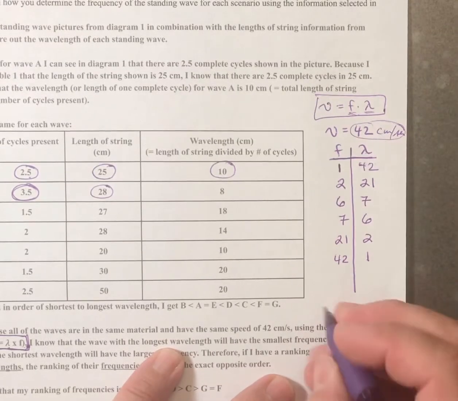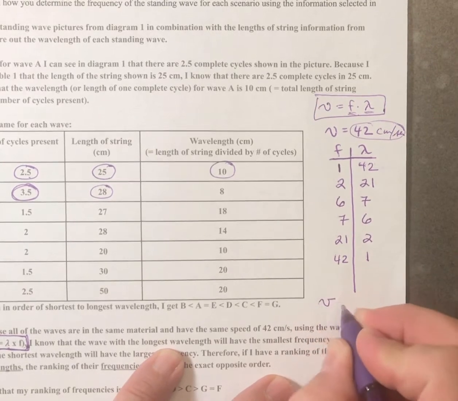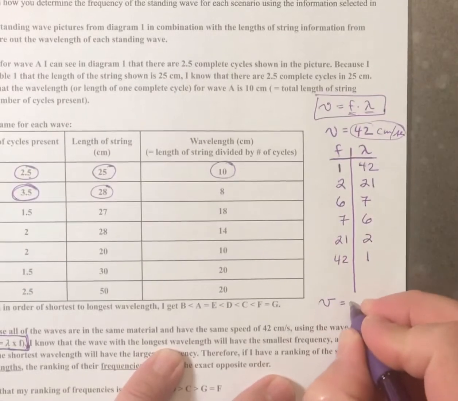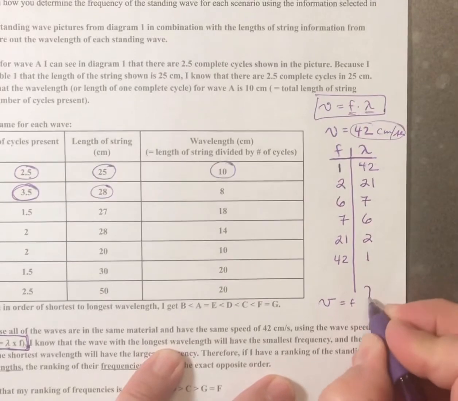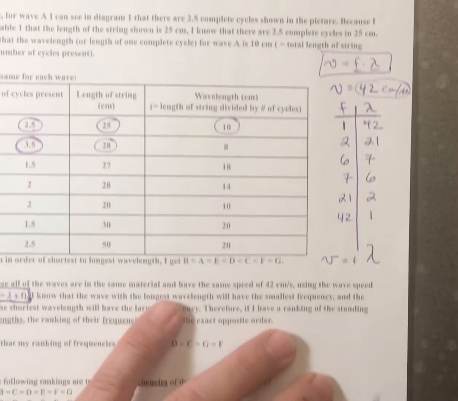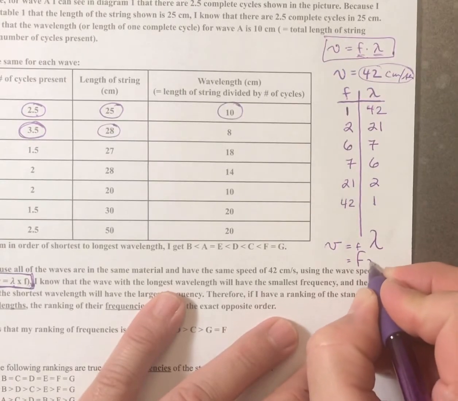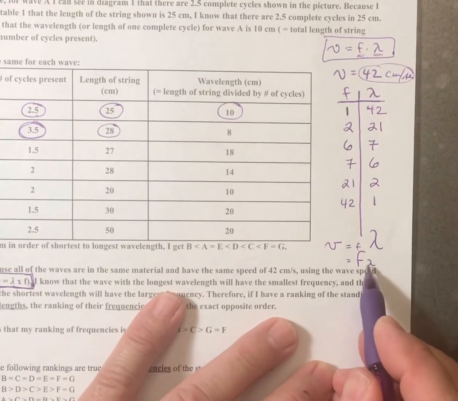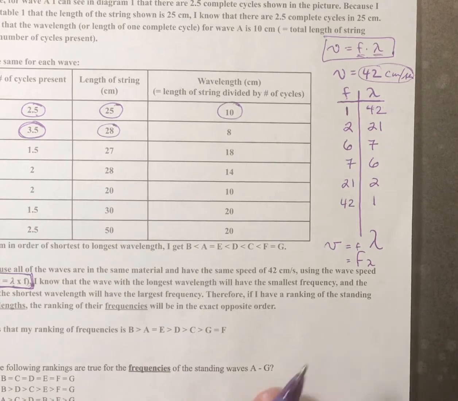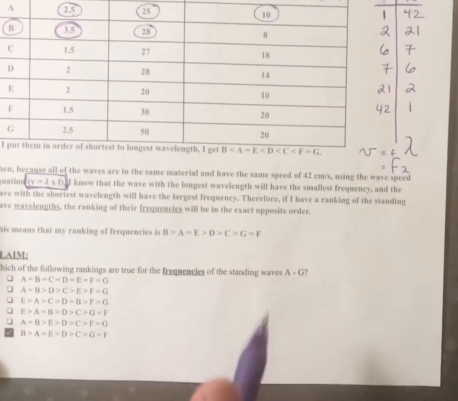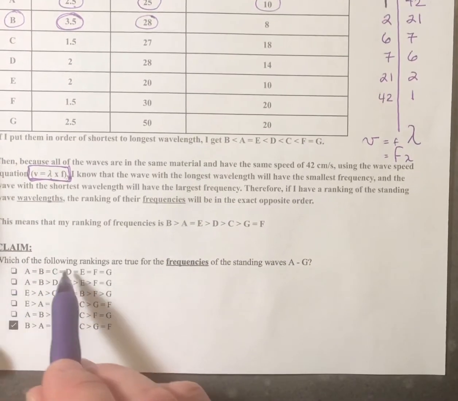So sometimes I'll do it this way. Velocity is constant. If you have a small frequency, then you're going to have a large wavelength. If you have a large frequency, then to balance that, you would have a small wavelength. And so what they say down here is which of the following are true for the frequencies?